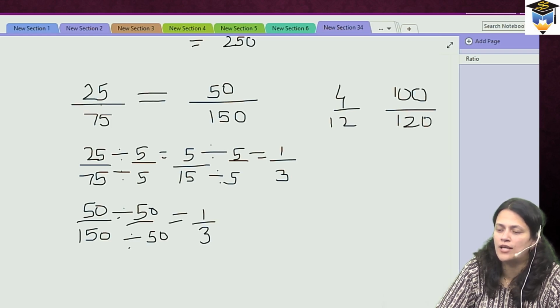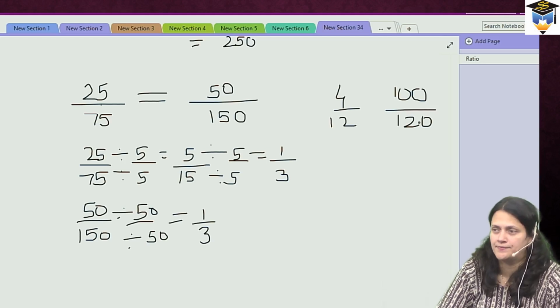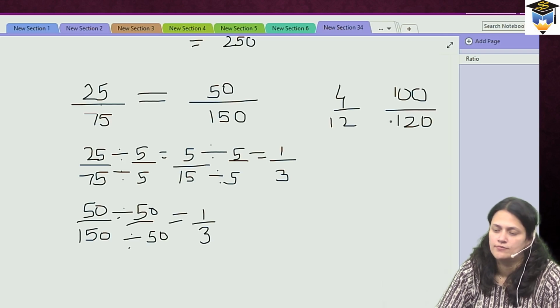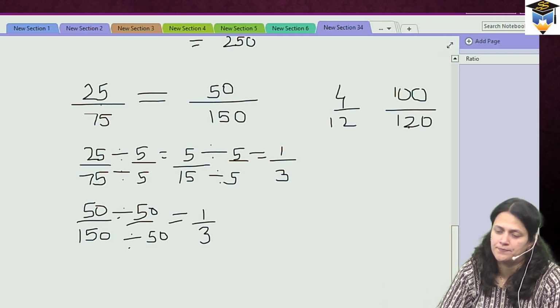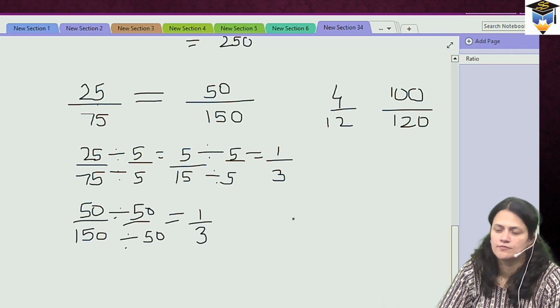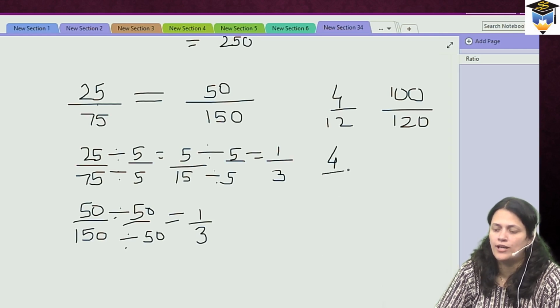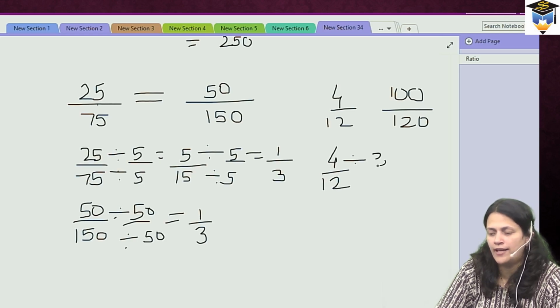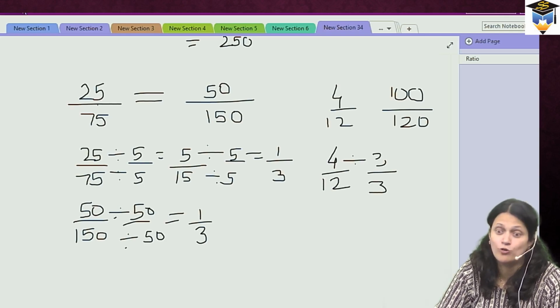Check whether these two are equivalent ratios. 4 upon 12 and 100 upon 120. Four upon 12, if I have to convert it to the lowest form, I am going to divide by 4. Sorry, not 3, 4.